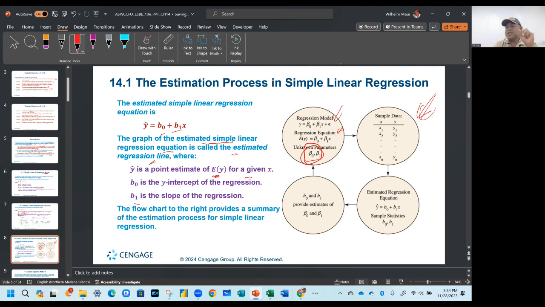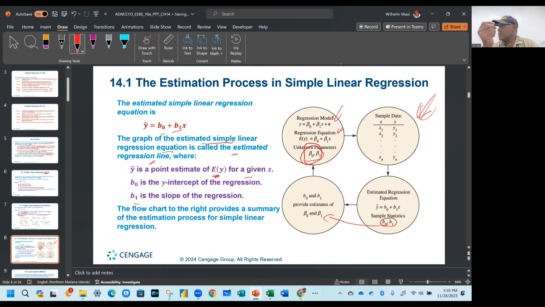Our sample statistics are going to be based on a sample, and those are going to be the estimated values for that beta 1 and beta null. Once you get the specification, this process is the same whether you're using a multiple regression or a non-linear equation.